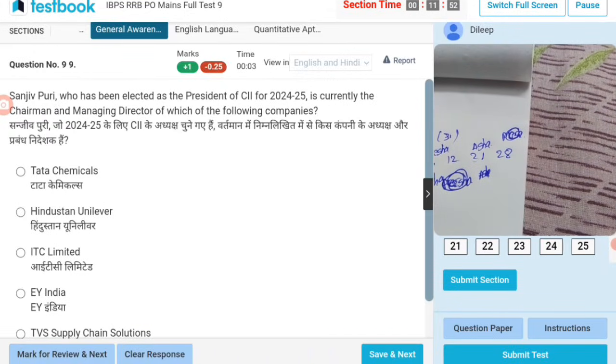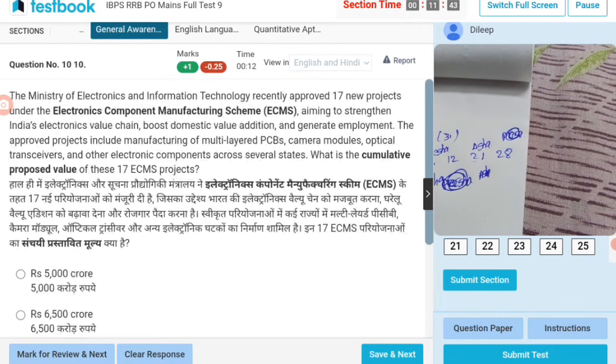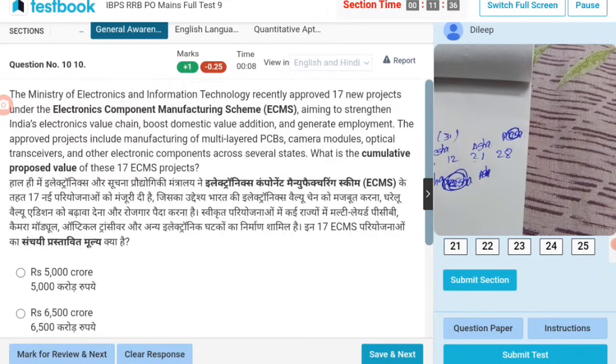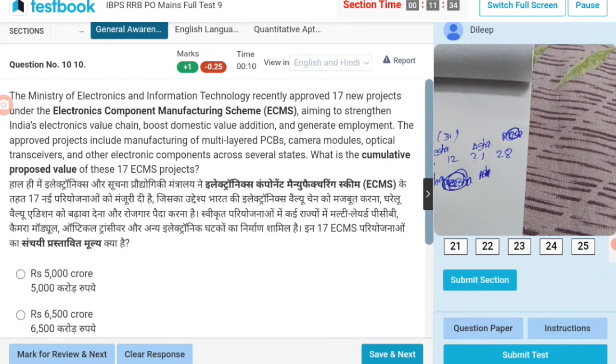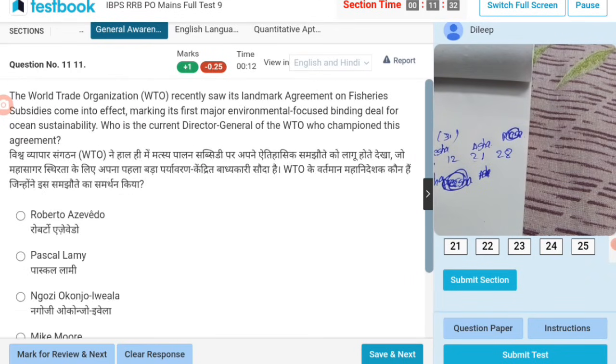So Sanjay Puri has been elected the Minister of Electronics. 17 new projects. World Trade Organization recently, a landmark agreement.